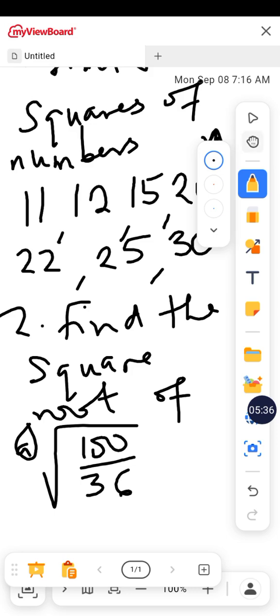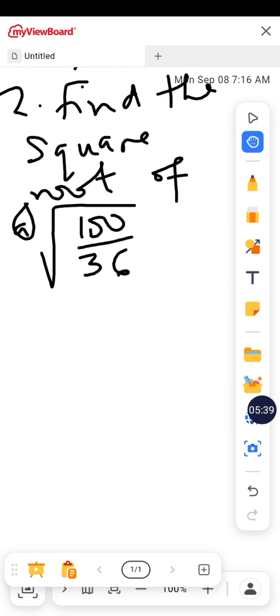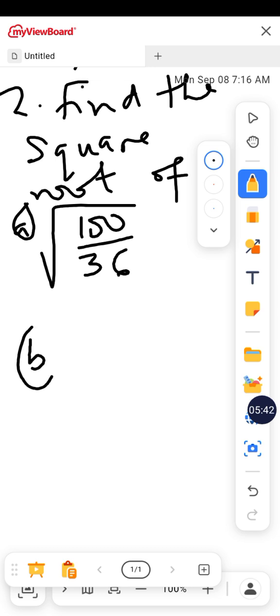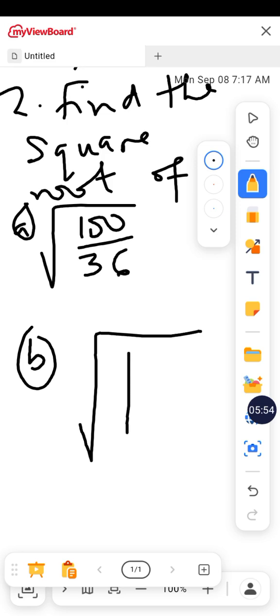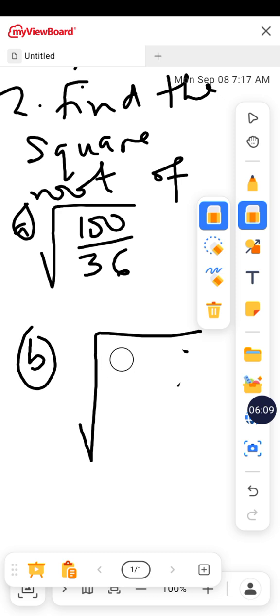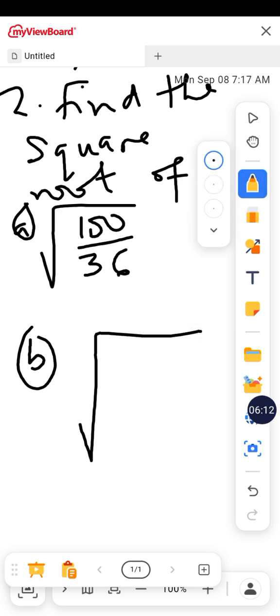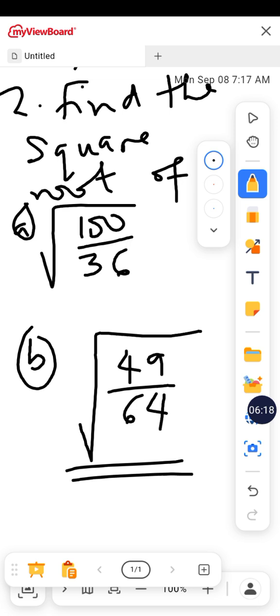Then find the square root of 49 over 64. Okay, try to do that.